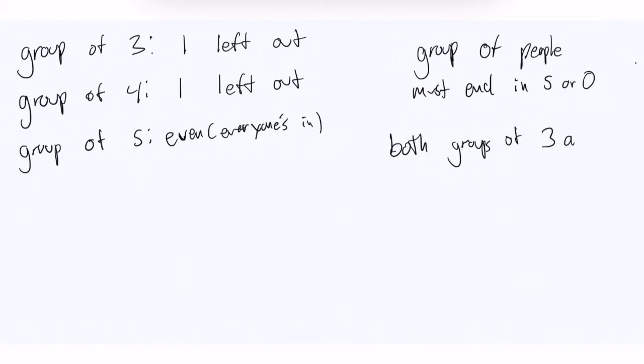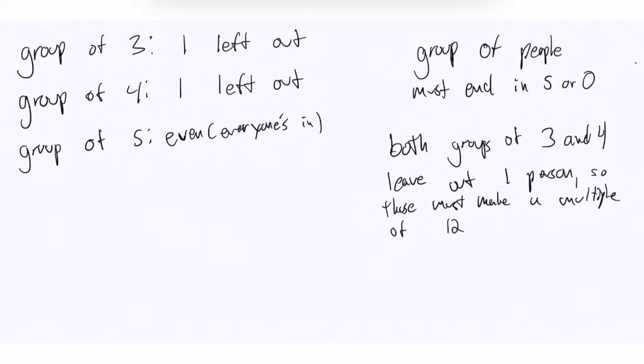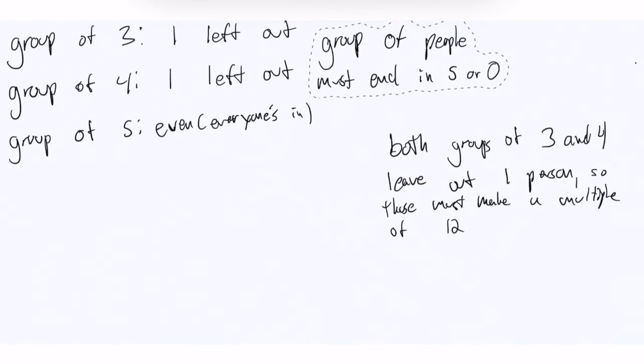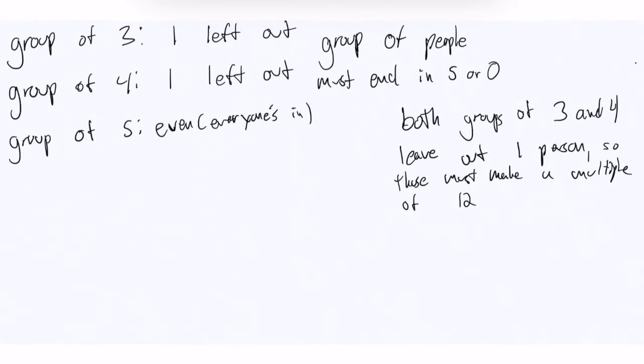And since we know that both groups of 3 and groups of 4 leave out exactly one person, we know that these must be multiples of 12, or in the case of the whole group, one more than a multiple of 12. And since we know it has to be one more than a multiple of 12, the last digit of the group must be 5, because there's no multiple of 12 that ends in a 9, which is one less than a 0.